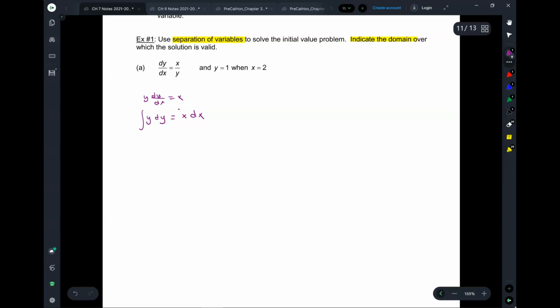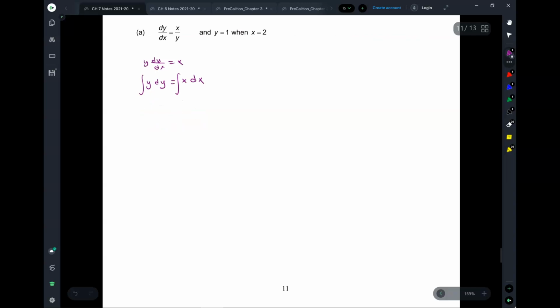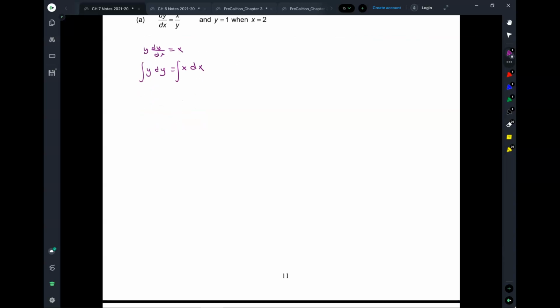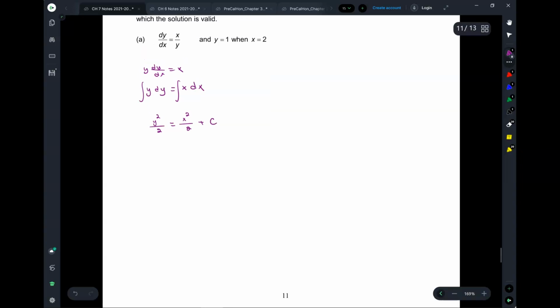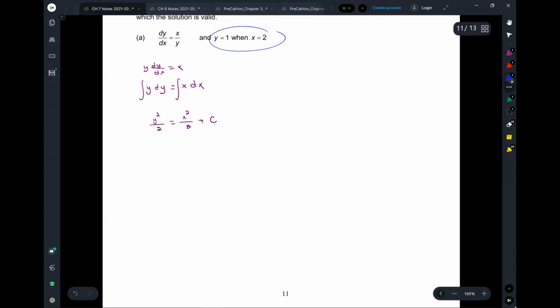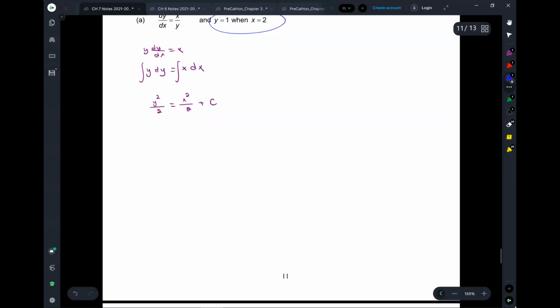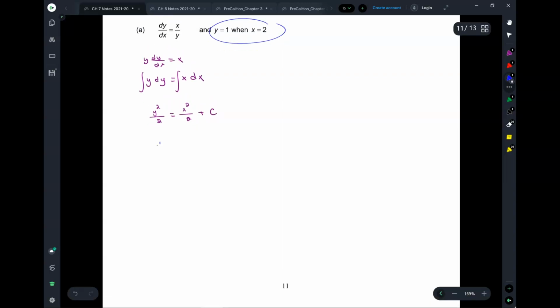Now you can actually integrate both sides. So on the left-hand side, we're going to get y squared over 2, equal to, on the right-hand side, x squared over 2 plus c. Now, we have initial conditions. x is 2, y is 1. So when y is 1, we get 1 over 2 is equal to 4 over 2 plus c.